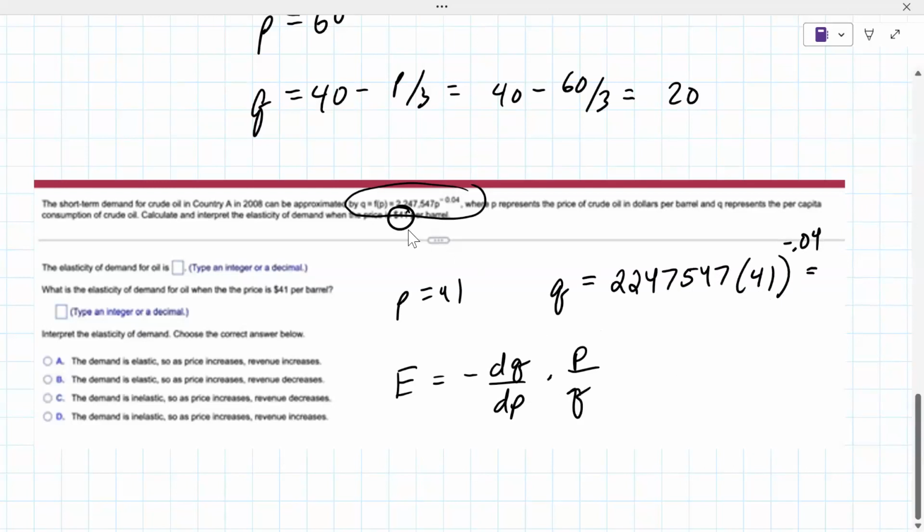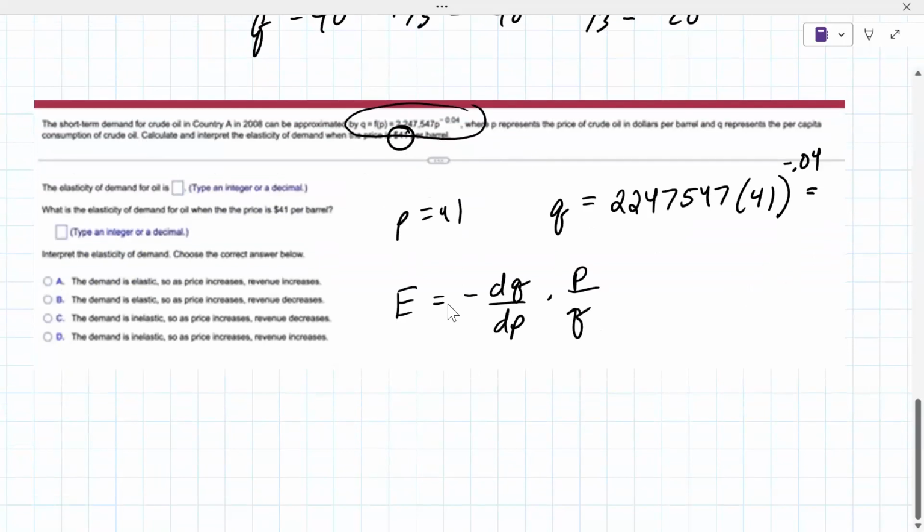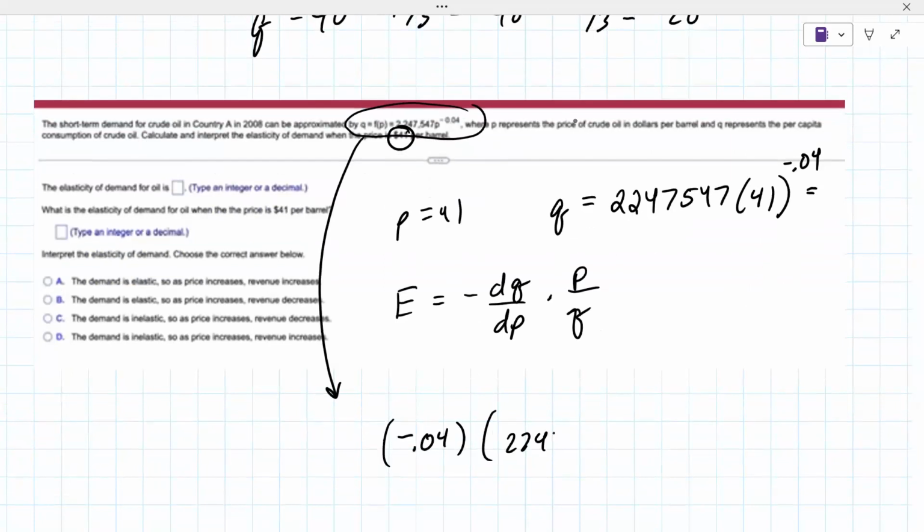That's the bottom here. And then you have to take a derivative of this, and then you evaluate the derivative at the P value. So the derivative of this thing is minus 0.04 times, it's just power rule, 2,247,547 times P to the minus 1.04, because you subtract one from the exponent. And then you put this 41 back in for that.